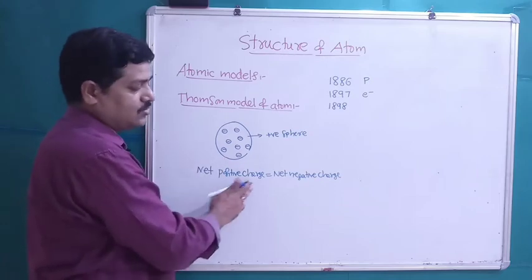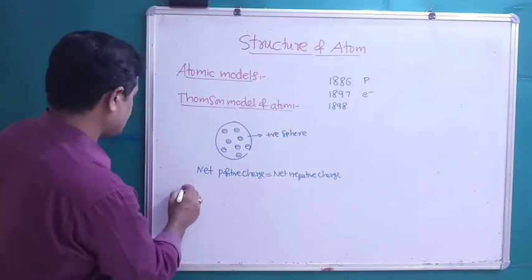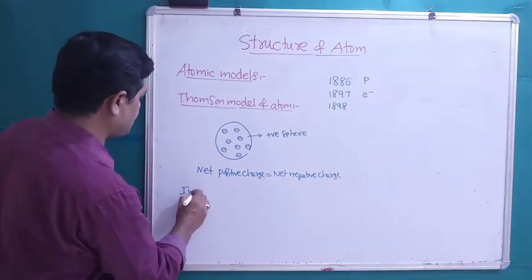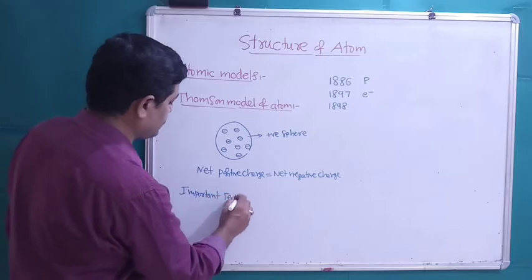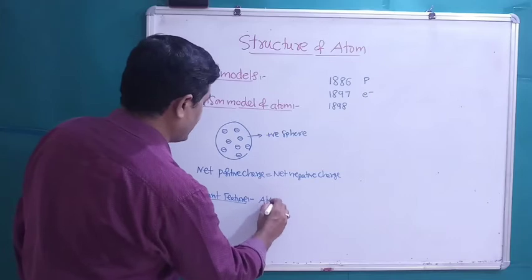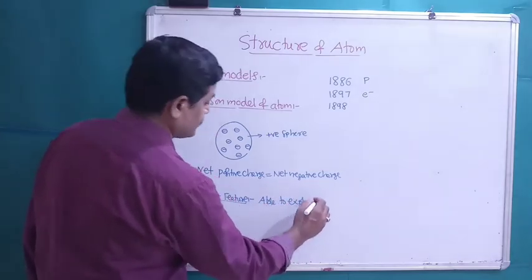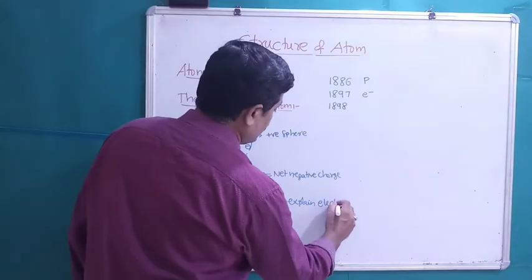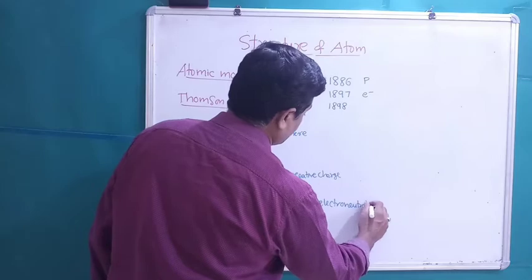Because net positive charge is equal to net negative charge. The important feature of this model is that it is able to explain the electroneutrality of the atom.